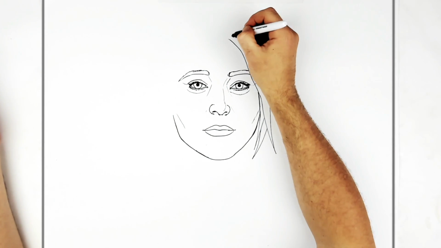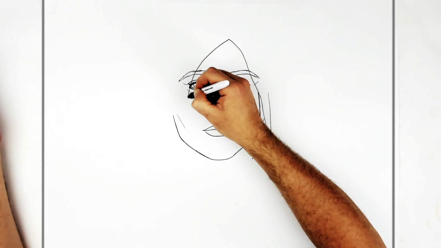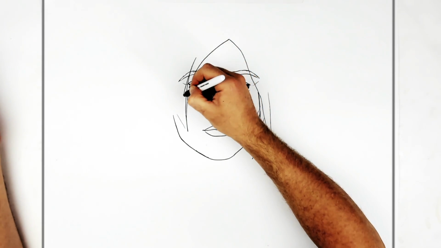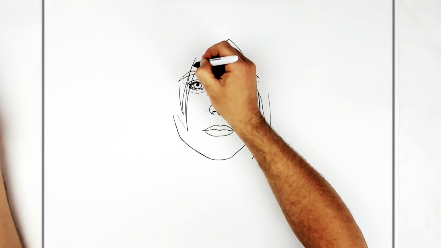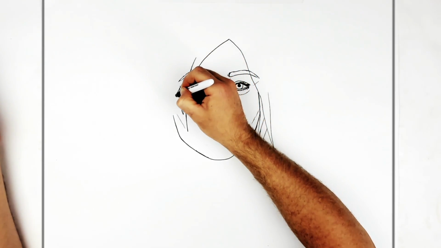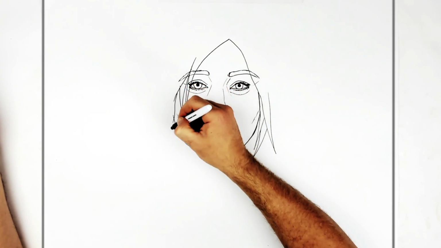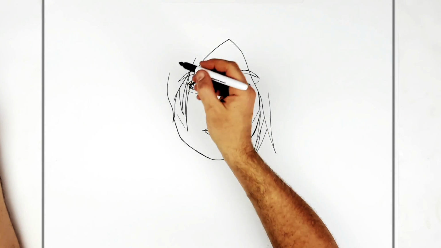Like so, right? And then on this side, comes down across her eye. And then comes around her head sort of here. This kind of thing.